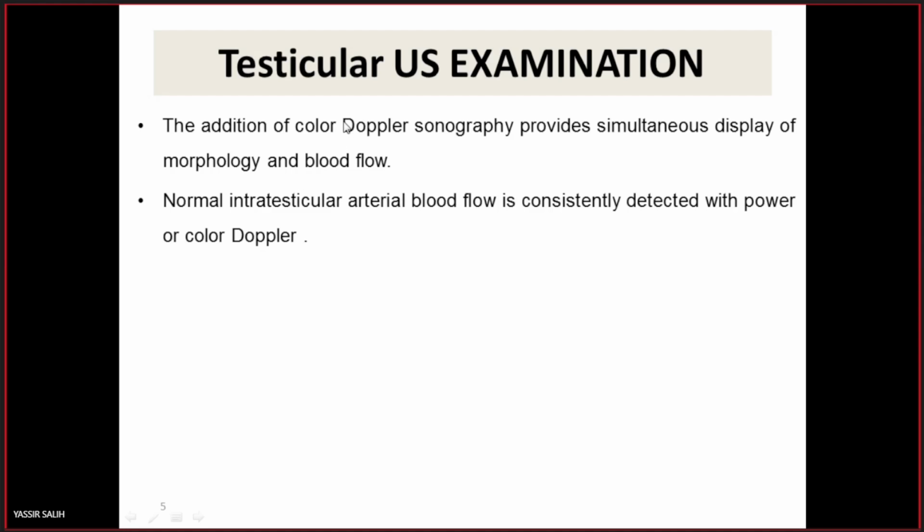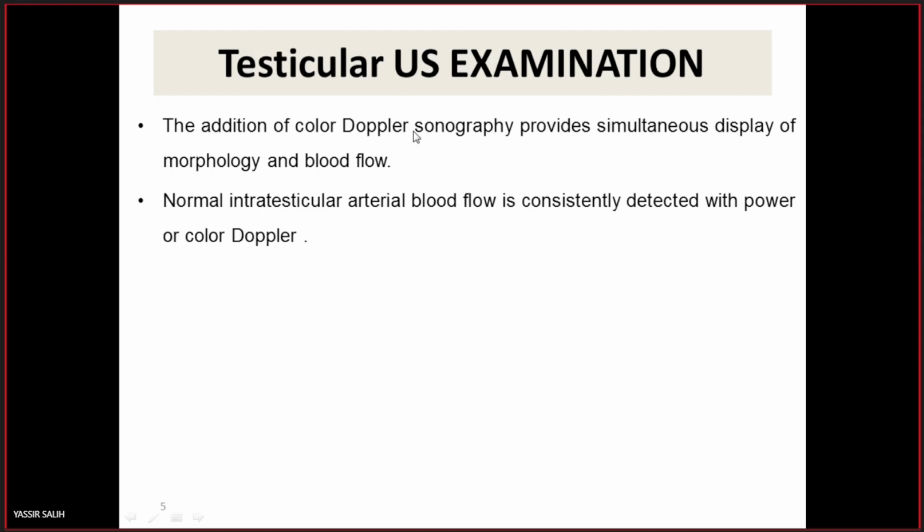If we are interested in assessment of the blood flow, you have to add Doppler, or perform Doppler sonography, not black and white or grayscale ultrasound. Normally, the blood flow can be detected with color Doppler and power Doppler.